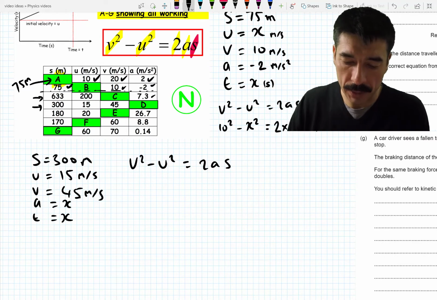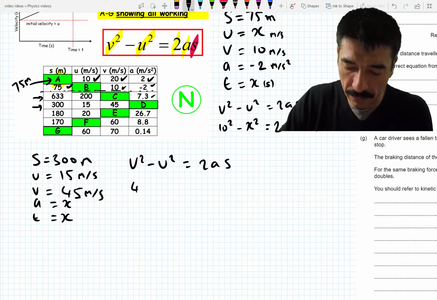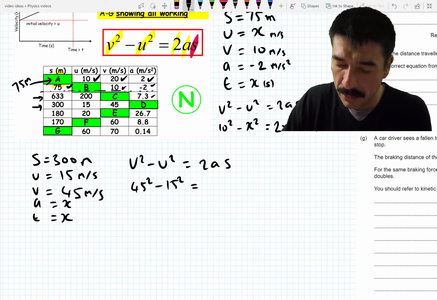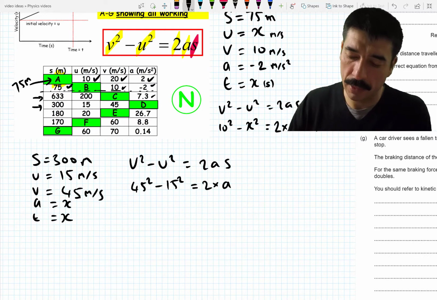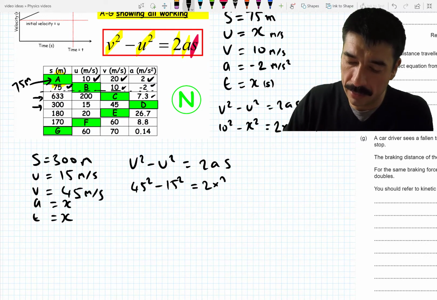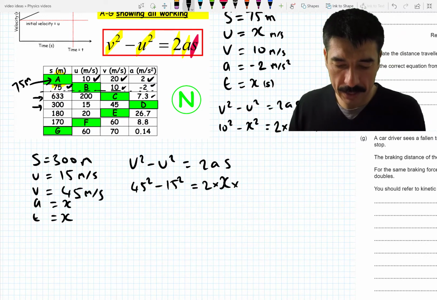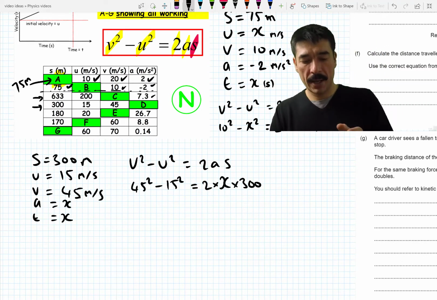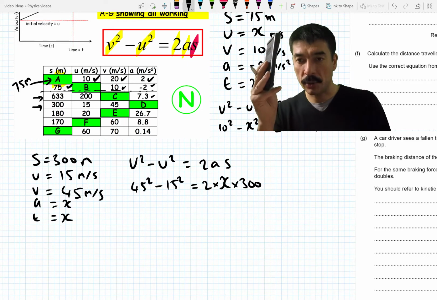Sub in what I know. V is 45 squared minus u, which is 15 squared. 2 times a is the thing I don't know. So if you really want, I'll replace it with an x. Times s, which is 300. Okay, so 45 squared. Get your calculators.